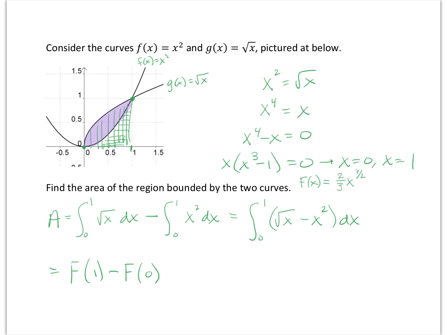And then the antiderivative of x squared would be 1/3 x cubed. So F of 1 is going to be 2/3 minus 1/3, and F of 0 is 0. So that comes out to 1/3.